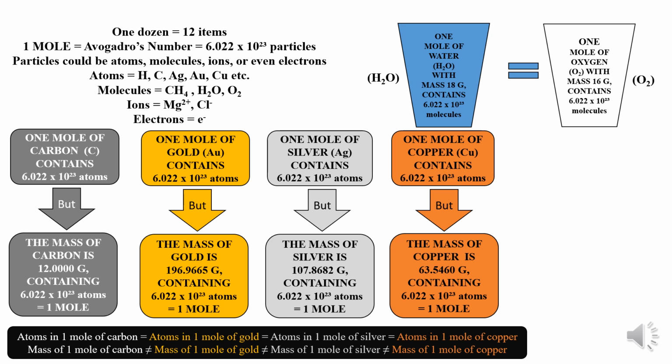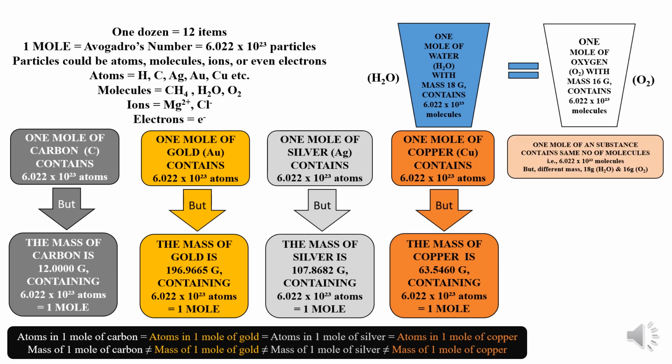So when you compare and contrast the mole concept with respect to water and oxygen, we find that water and oxygen are equivalent in terms of Avogadro number of molecules, but not in terms of mass. So 1 mole of a substance contains the same number of molecules, that is Avogadro number of molecules, but different mass. So 18 grams in case of water and 16 grams in case of oxygen molecule.